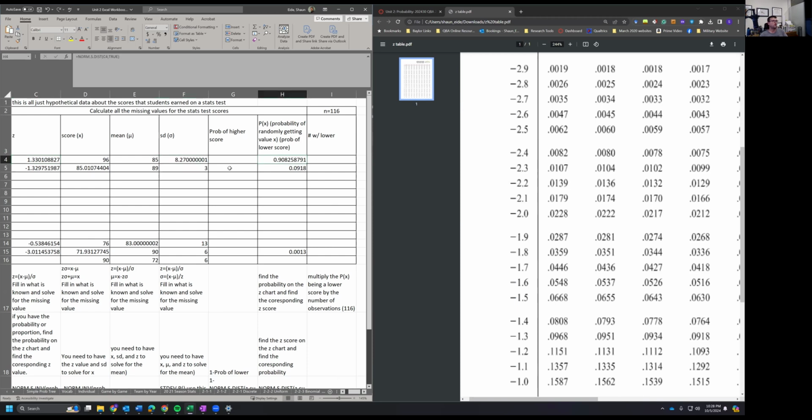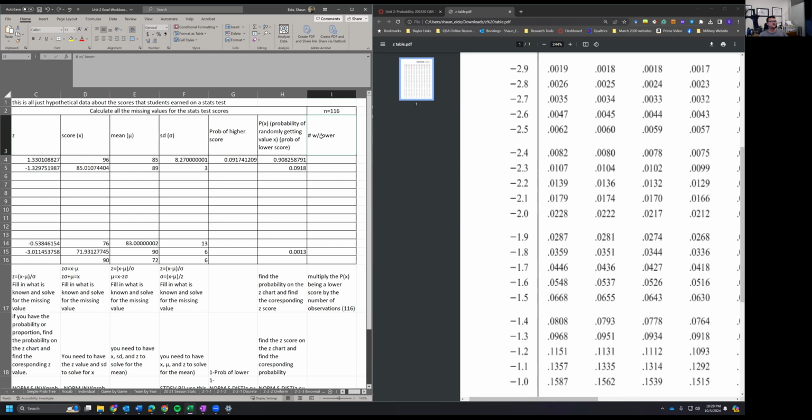That's great. So what's the probability of getting above that score? Probability of getting above that score equals 1 minus, so we're using the complement rule, this value right here. So the probability of getting above is roughly 9.1% or 9.17%. Probability of getting below is 90.8%.